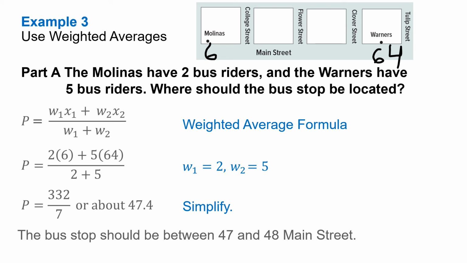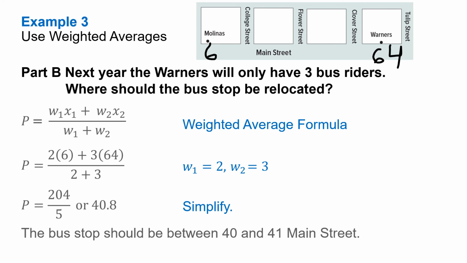And 2 plus 5, which is in the denominator, is 7. 332 divided by 7 is approximately 47.4, which means that since the addresses appear to be whole numbers, the bus stop is going to be between the address 47 and 48 Main Street.